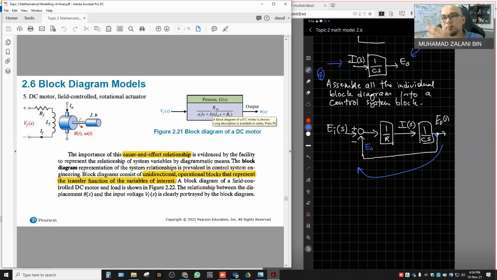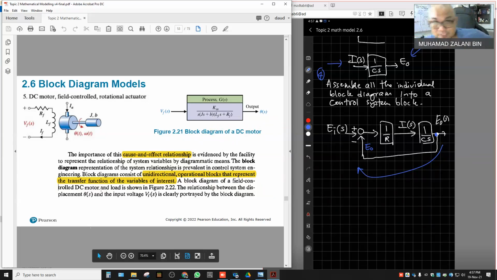When we attach a load to the motor, of course it will go from a faster rotation to a slower rotation because of the load. Okay, so K_m is the motor constant. So this is a bit of explanation that relates the block diagram model of the DC machine or DC motor, which is basically based on the cause and effect relationship of input and output.